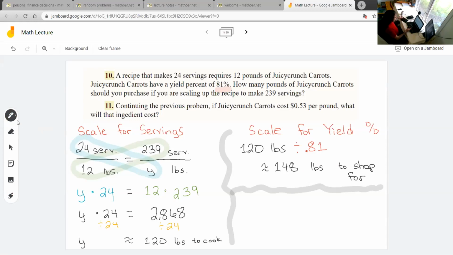And the last step is actual cost. So we just decided we were about to buy 148 pounds. It costs 53 cents per pound.